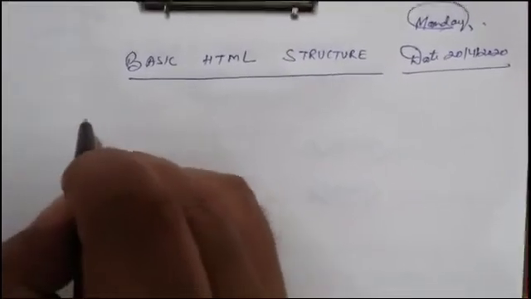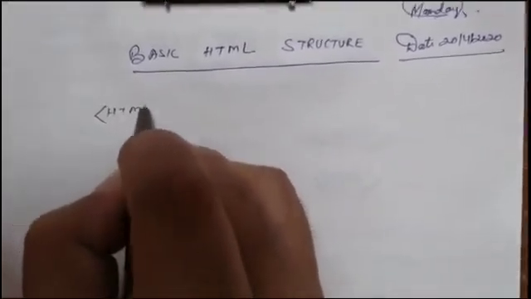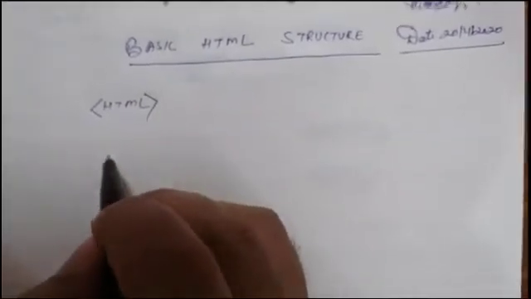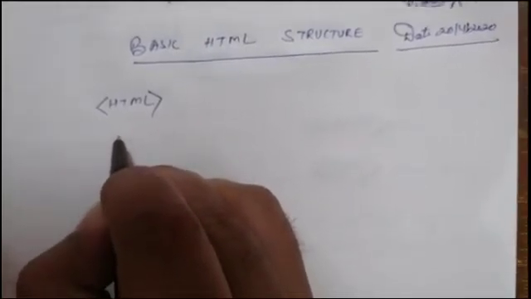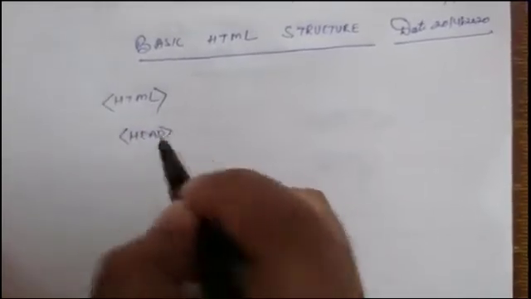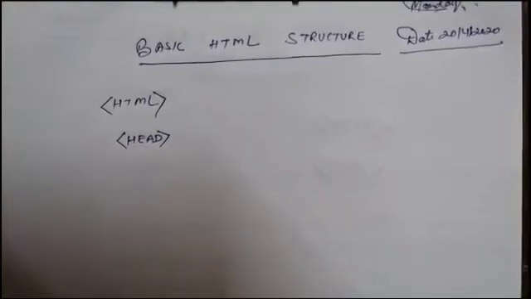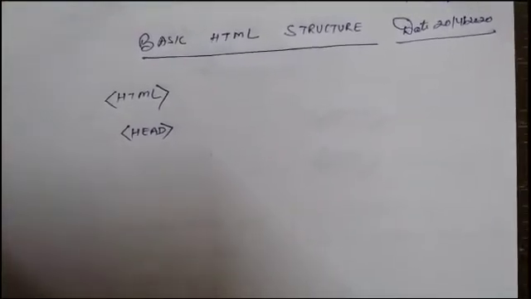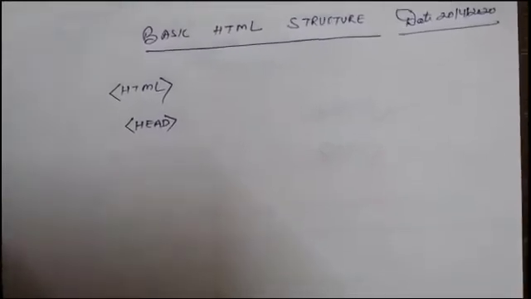Now the HTML structure starts with the HTML start tag. First we will write the HTML start tag, then within this, after HTML, head. Now it is not compulsory to write in capital only. I am writing capital here only for readability, legibility, but you can write head with small letters also.